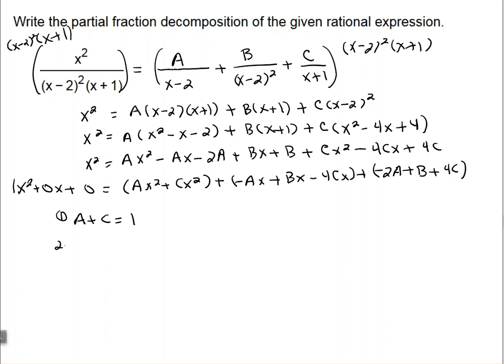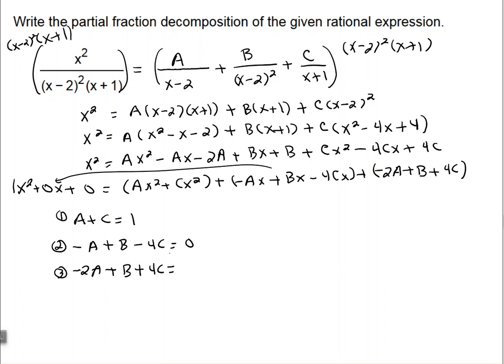And then my second equation, I have negative ax plus bx minus 4c, so negative a plus b minus 4 times c would equal, matching up with the middle term, 0. So I had 0x on the left-hand side. And then equation 3, negative 2 times a plus b plus 4 times c. Again, that would equal 0 as well.